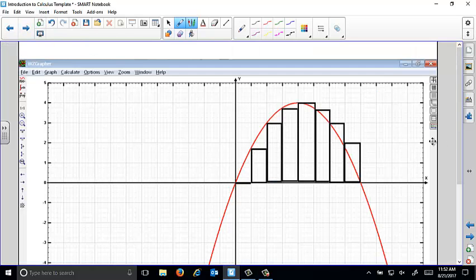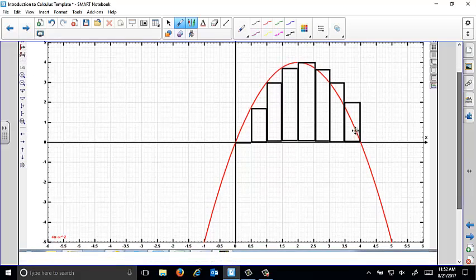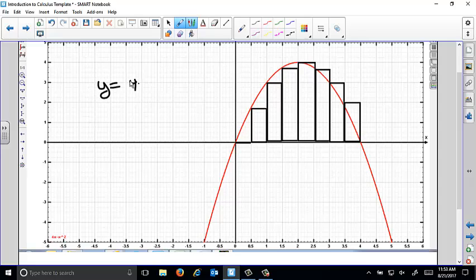So here's an example. This is a function, I think it's y equals 4 minus x squared. Let me just write that out. It's a polynomial. The negative in front of the x squared means it points down.